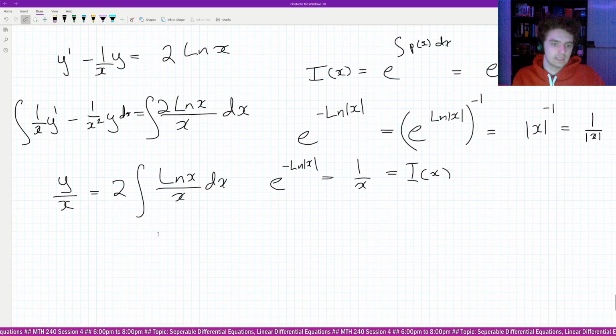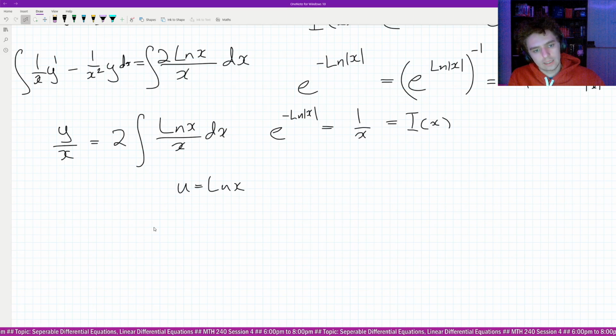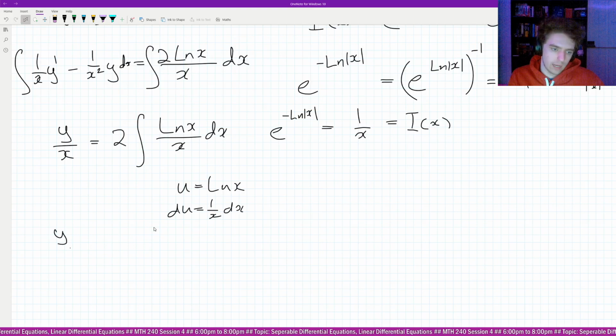And then the right side is 2 times the integral of ln x over x. So we do u equals ln x, du equals 1 over x dx. So y over x equals 2 times the integral of u du.